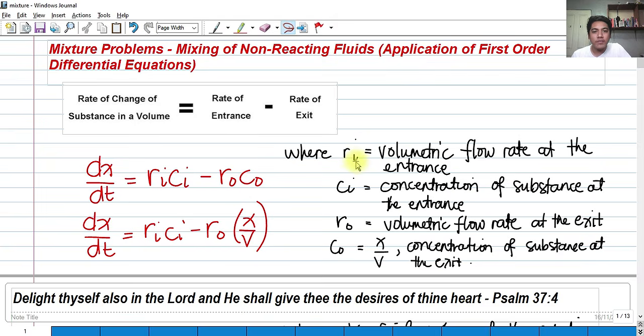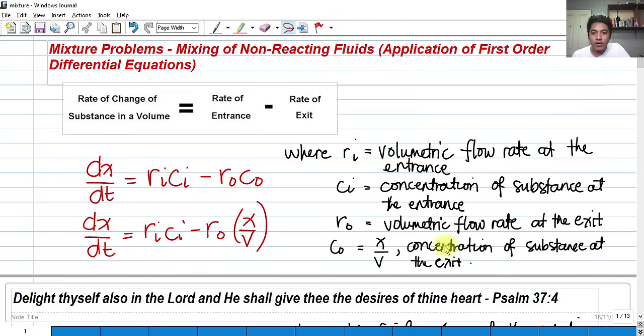R sub i is the volumetric flow rate at the entrance, meaning how fast the liquid together with the solution is coming inside the tank. C sub i stands for the concentration of substance at the entrance, while r sub o is the volumetric flow rate at the exit. It means the liquid has a rate of exit and a rate of entrance.